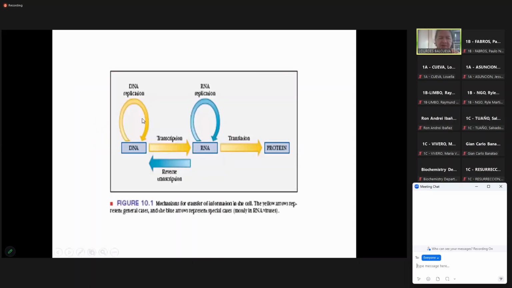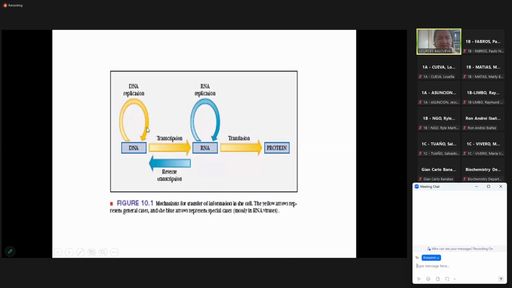So this is our life, no? This is how our life goes. So this is your DNA, and the DNA is capable of synthesizing itself into two molecules of DNA. From one DNA molecule, two DNA molecules will be formed by replication. And you know that the DNA has two strands, right?